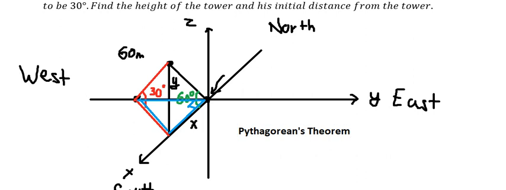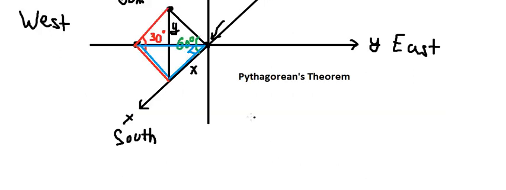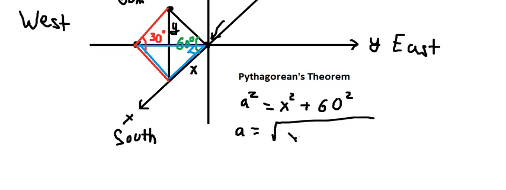So we have x, and we have 60 meters in this location. We can find the value of this one. That should be a squared equals x squared plus 60 squared. So we take the square root of both sides, and we have this.